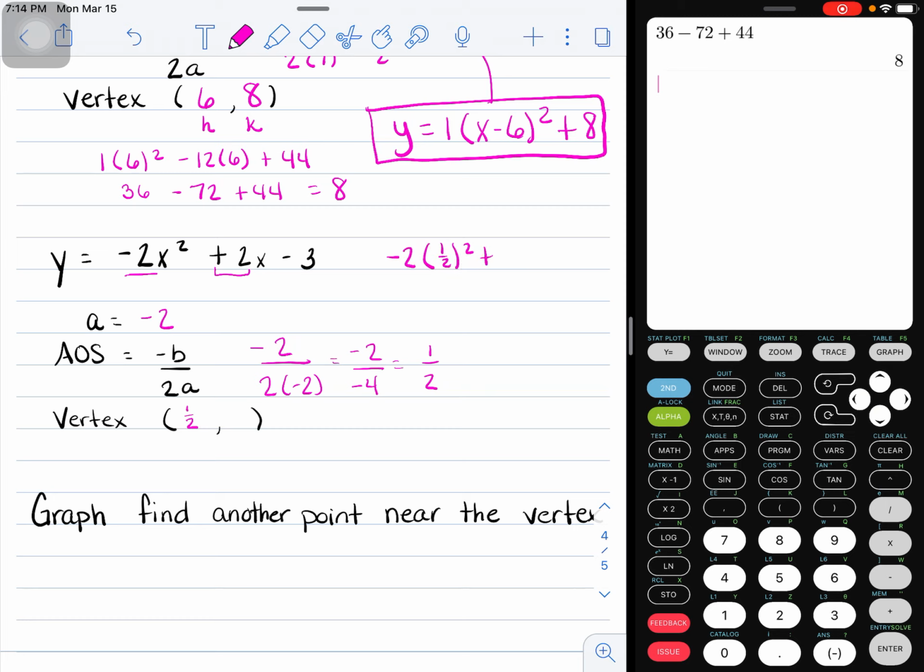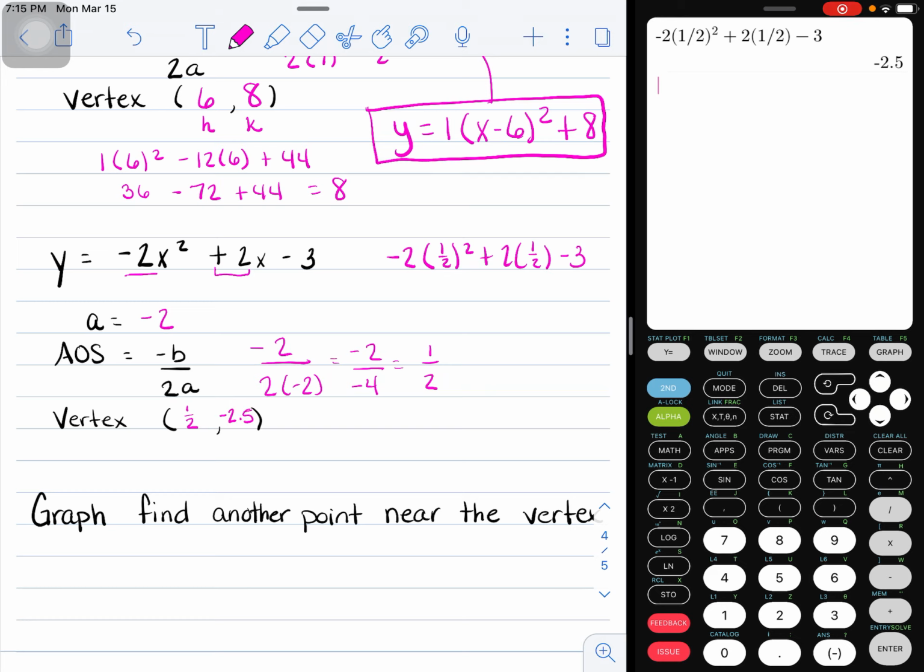Now we would plug that back in and find what our y is. So if we plug it back in, -2 times 1/2 squared plus 2 times 1/2 minus 3, and this is where we'll use our calculator. So -2, use your parentheses, 1 divided by 2 squared, and then plus 2 times 1/2 minus 3. We get a -2.5 for our y value.